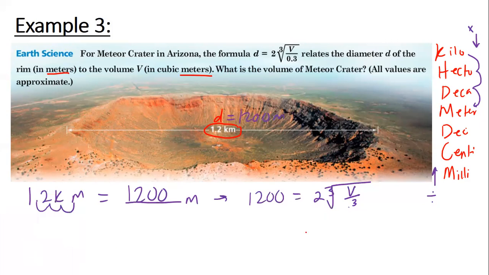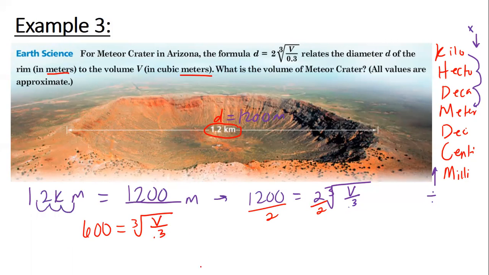And now I just got to get V by itself. On the outside, I have 2 being multiplied. The opposite of 2 being multiplied is for 2 to be divided. What is 1,200 divided by 2? 600. So we have 600 equals the cube root of V divided by 0.3.